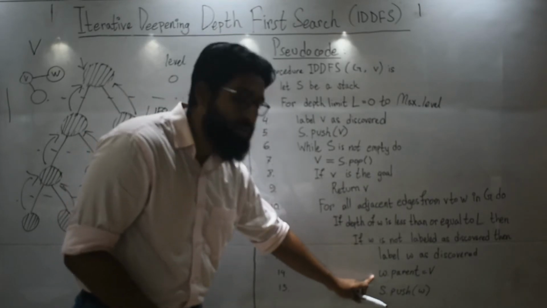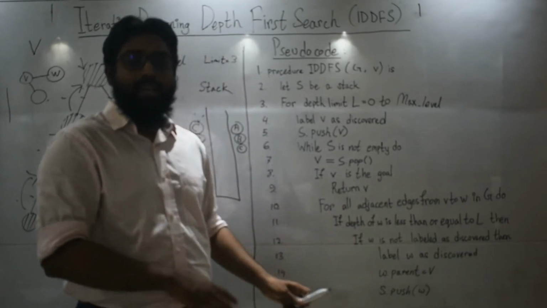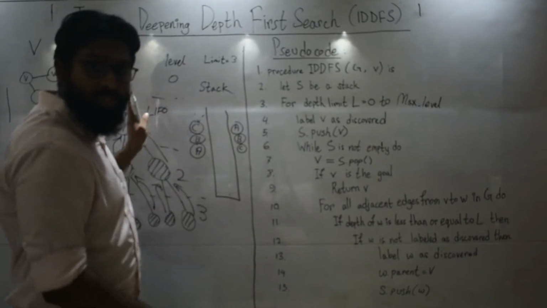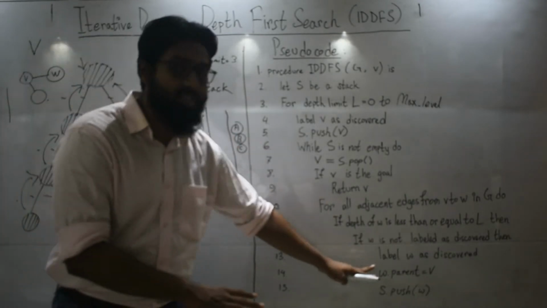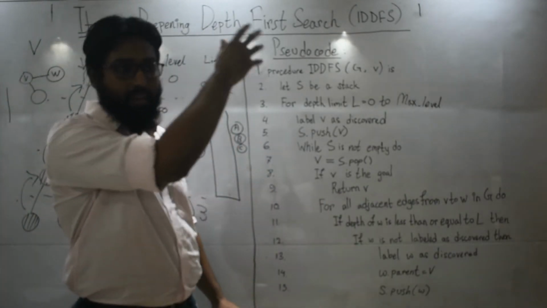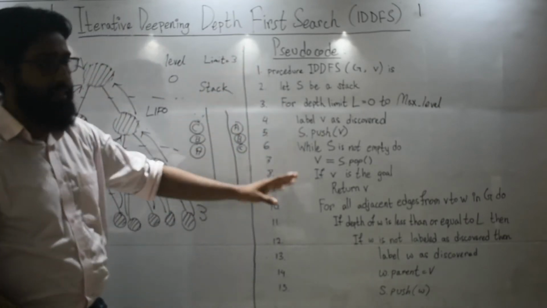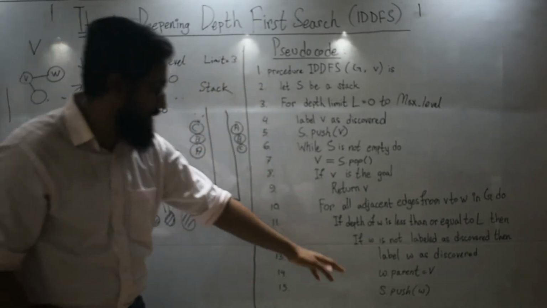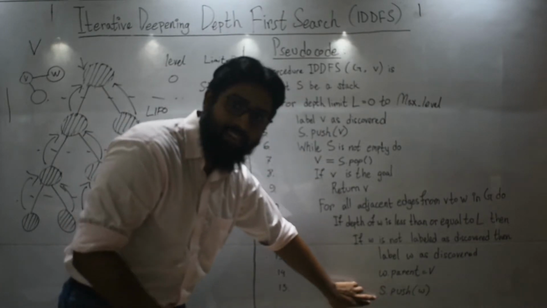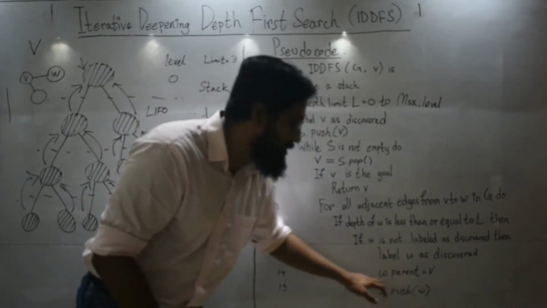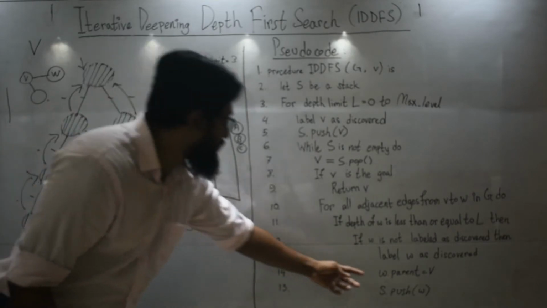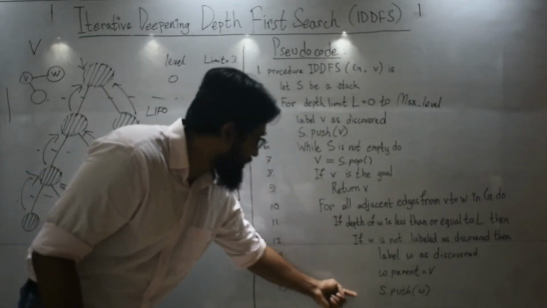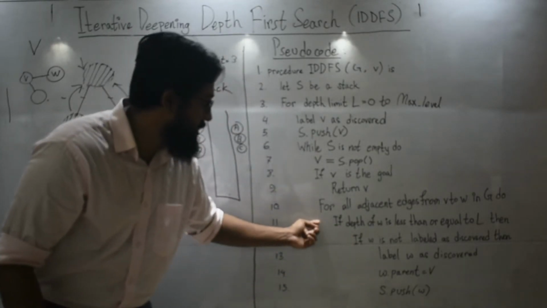Then W.parent equals V, that cannot be shown diagrammatically, but it's there just to establish a tree line from which parent node the node has come. Then you will push the said child node. Push W in my stack.